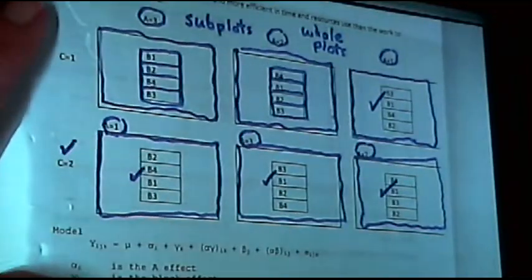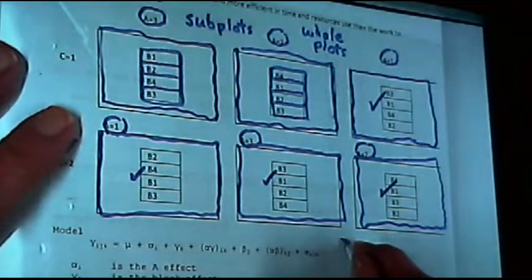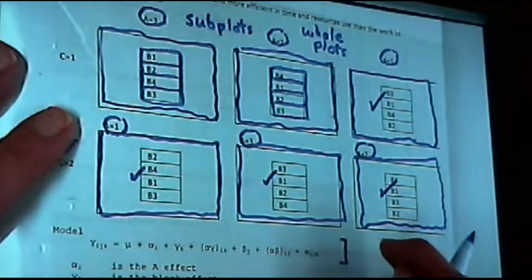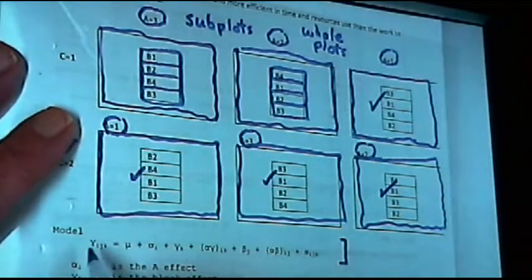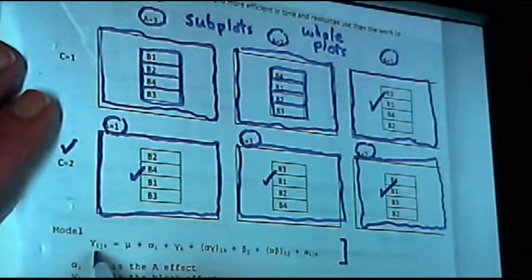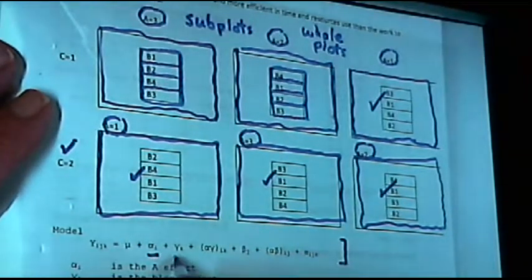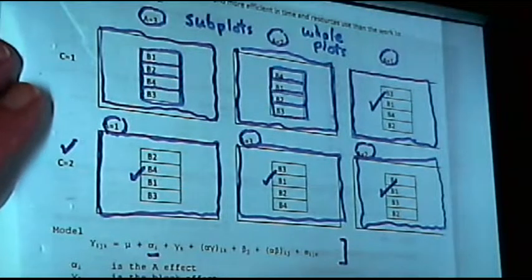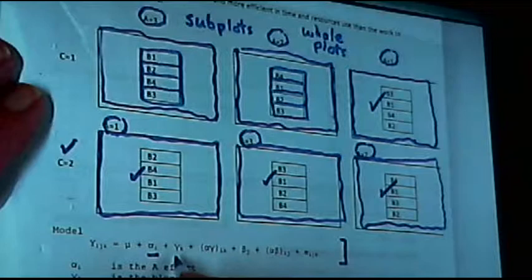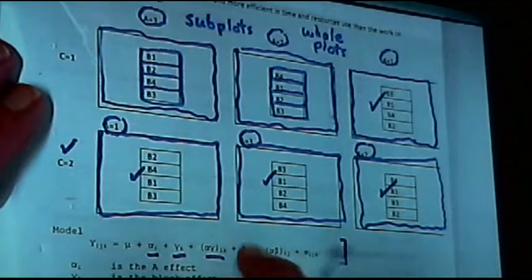And so you see here, we have a model equation. So we put in the model equation some familiar things. Yijk. I is for the A level, J is for the B level, and K is for the C level. So we have an A effect. I guess in the way this is written, gamma K is the block effect, so that's for factor C. Then I have an AC interaction term.